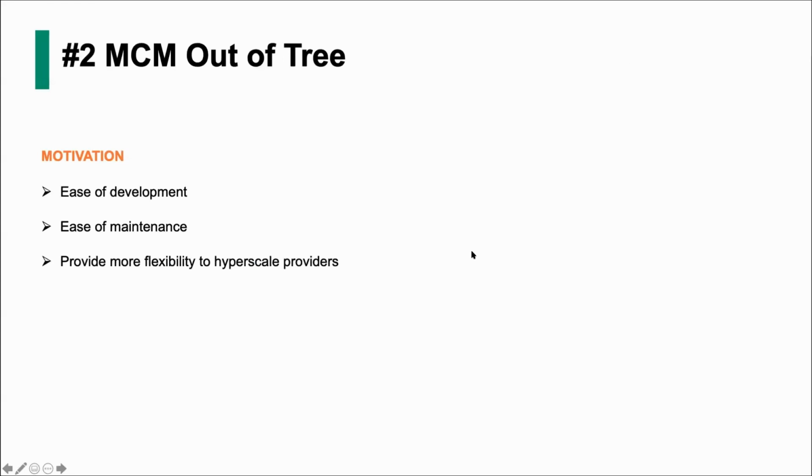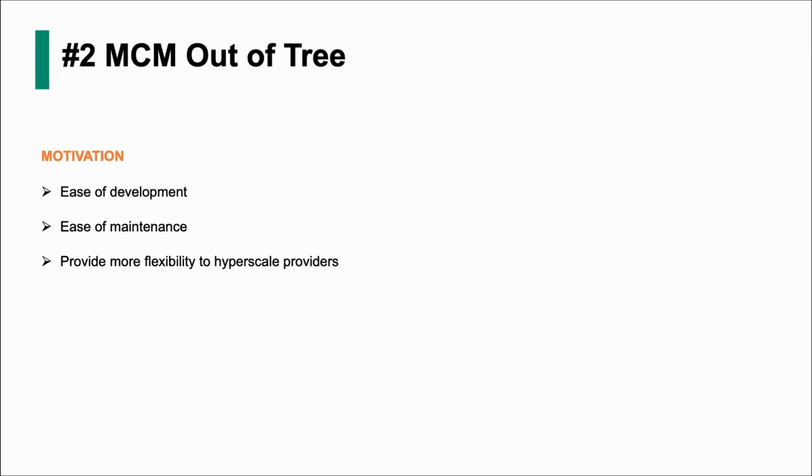Now you might have already figured out that, given that the logic of all these various cloud providers runs as a single binary, it would be difficult for development and also maintenance, right? So in order to ease the development activity, to accelerate the development, to ease the maintenance, and also to provide more flexibility to hyperscaler providers, we came up with something called MCM out of tree.